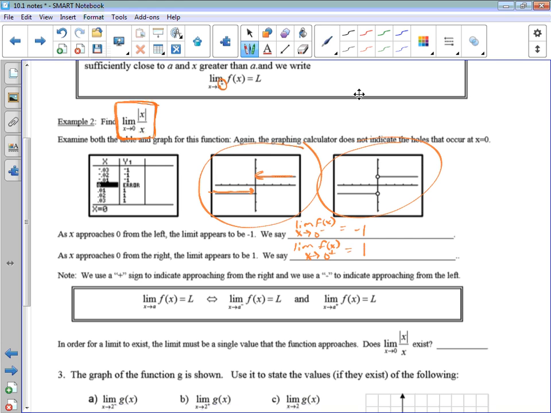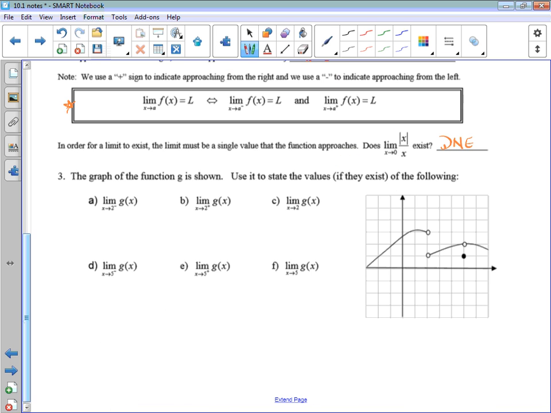No. So you would say does not exist. So guys, this box here is explaining that the left-hand limit and the right-hand limit have to equal each other for the overall limit to exist. If your two sides don't run into each other, then the general limit does not exist. All right, so you guys try number 3 down here.